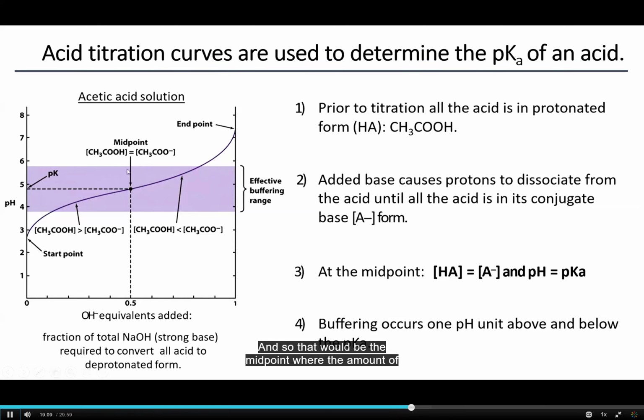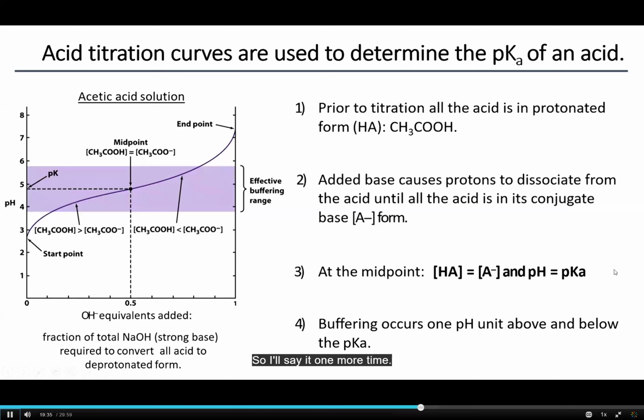That is the midpoint, where the amount of acid exactly equals the amount of conjugate base. When that's the case, we have reached the pKa of this acid. The pKa is defined as the pH at which the amount of acid and conjugate base in solution is equal. That is an important definition because it will keep coming up.